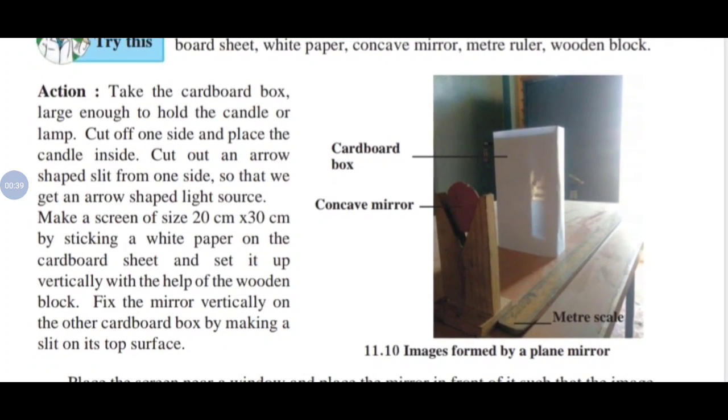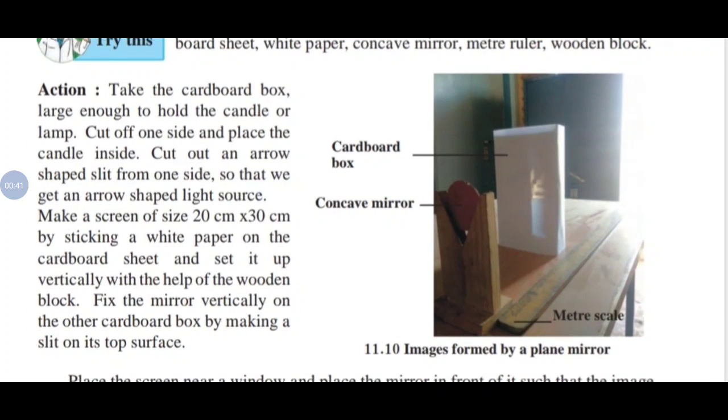The procedure given here is: take a cardboard box large enough, as shown in the figure, to hold the candle or lamp. Cut off one side and place the candle inside. Cut out an arrow shaped slit from one side so that we get an arrow shaped light source.